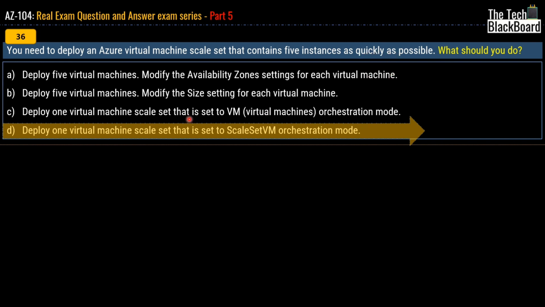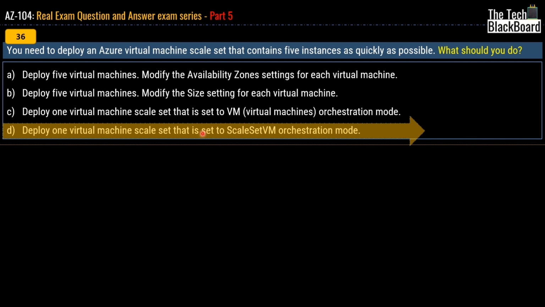And that brings us to option D, which is a scale set that will be managed by Azure, or you can say option D is a scale set managed by Azure, based on the configuration set during the setup of the virtual machine scale set. And that's the reason behind choosing option D here.